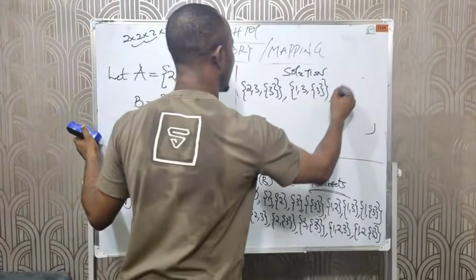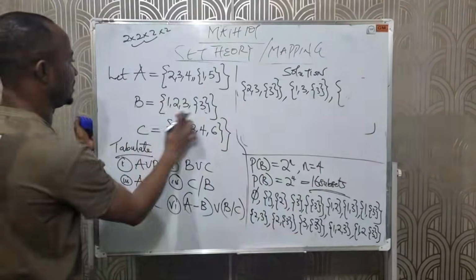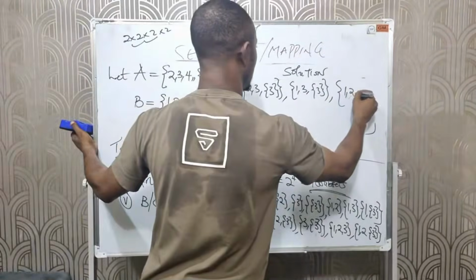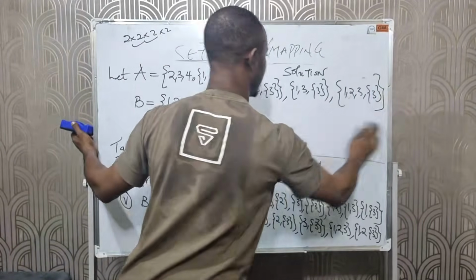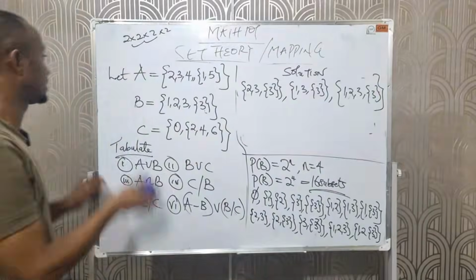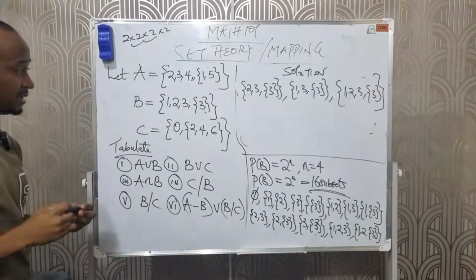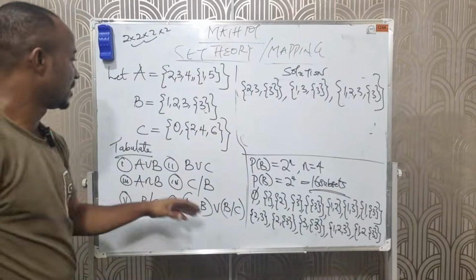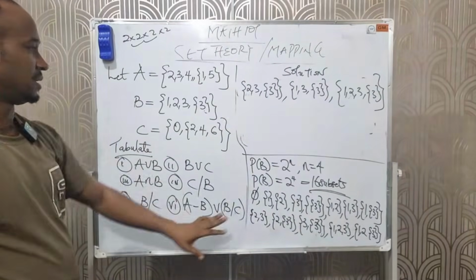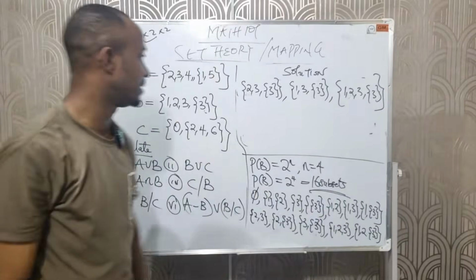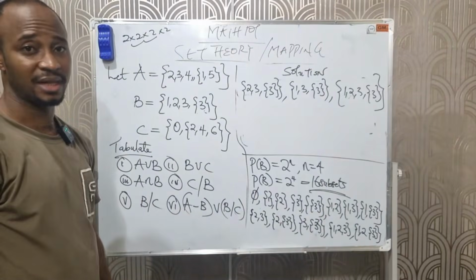Then the next one will not be what? The entire set, which is 1, 2, 3, and set 3. So this is the solution here, right? For the person that asked this question, what are the subsets of what? Set B. These are the subsets of set B. Please take notes. All right?